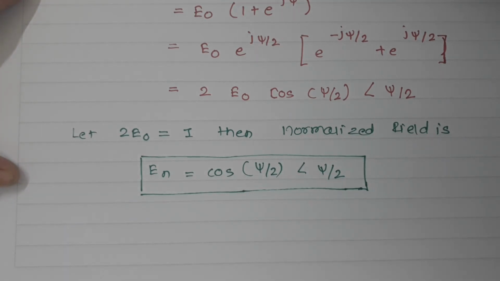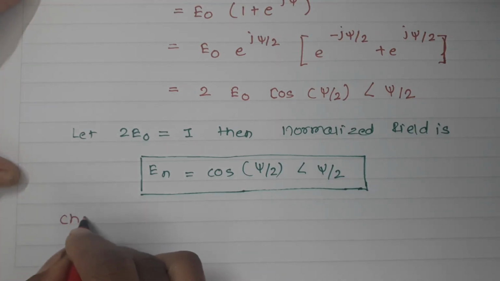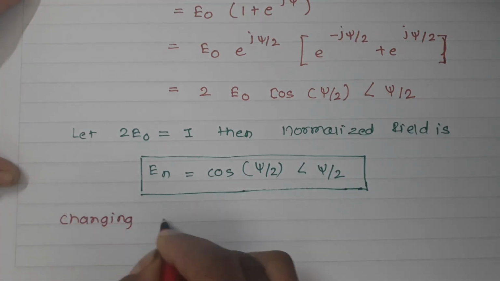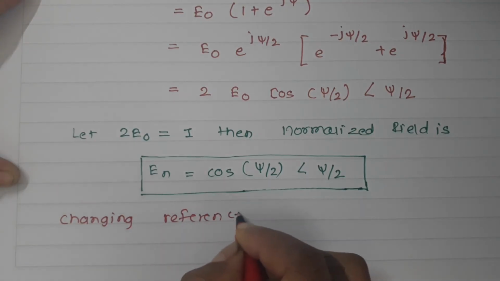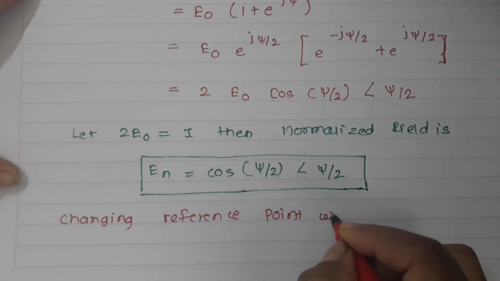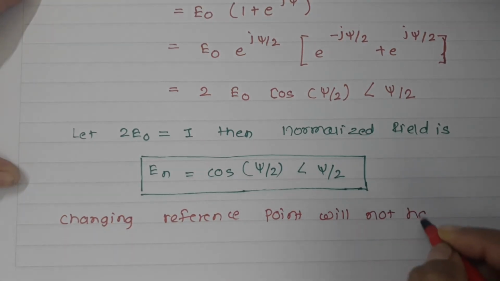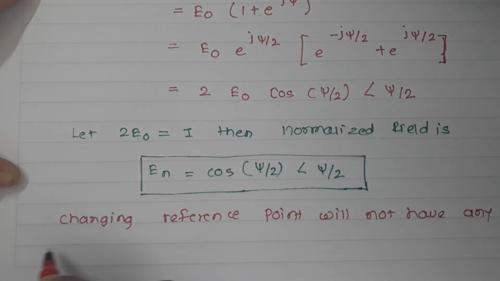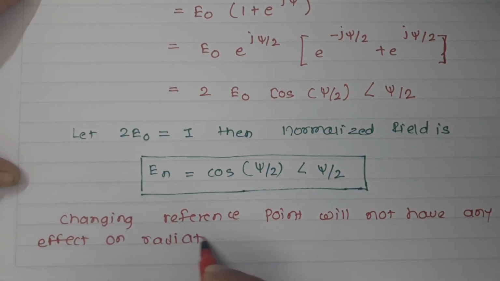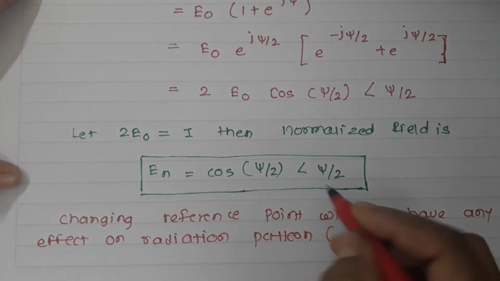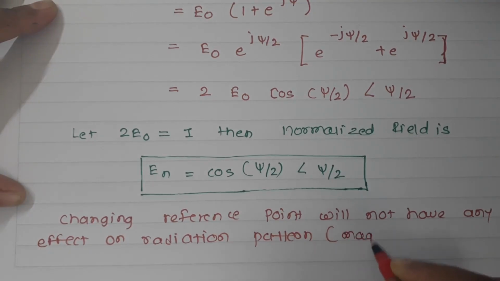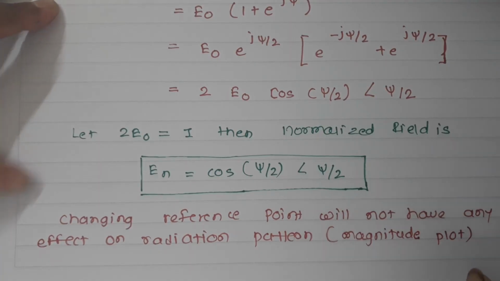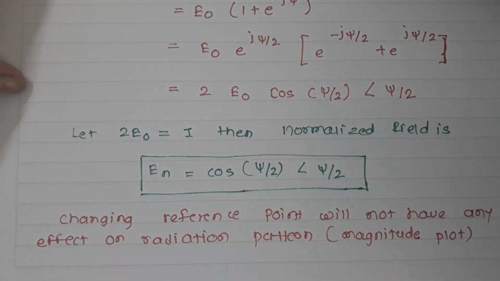So we can conclude that changing the reference point will not have any effect on the radiation pattern. The only change is this angle. So this is all about the two element array of equal amplitude and equal phase. So we stop here. Thank you.